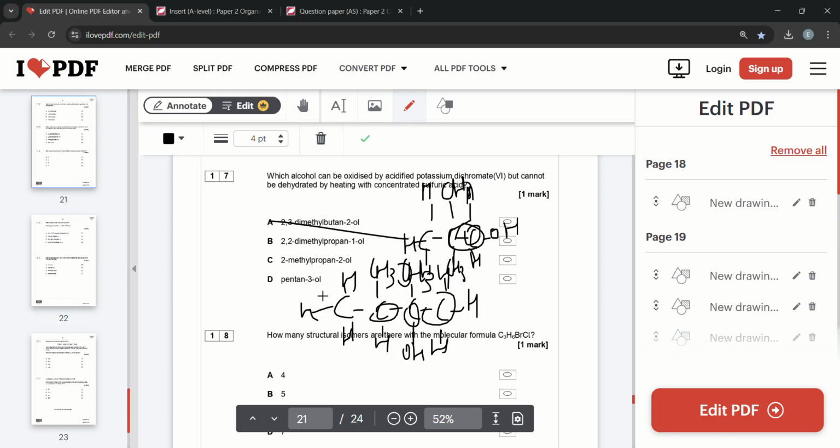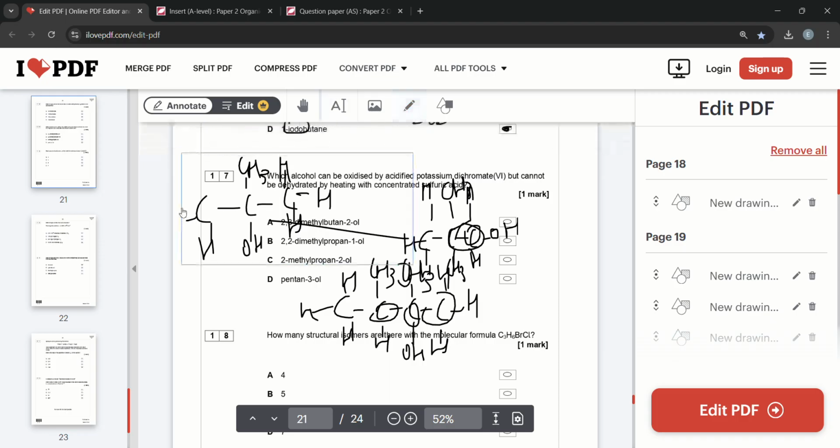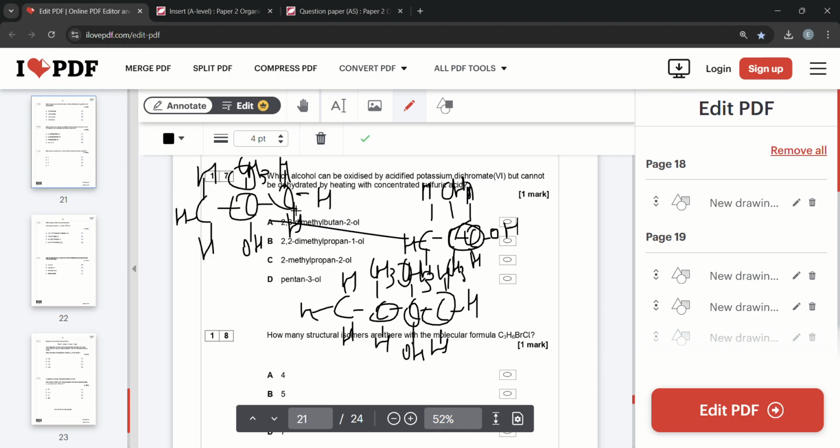If you look at 2-methylpropanol, methane, ethane, propane, 2-methyl propanol, H, hydrogen, and your final hydrogen. That is a tertiary alcohol. 1, 2, 3 group.